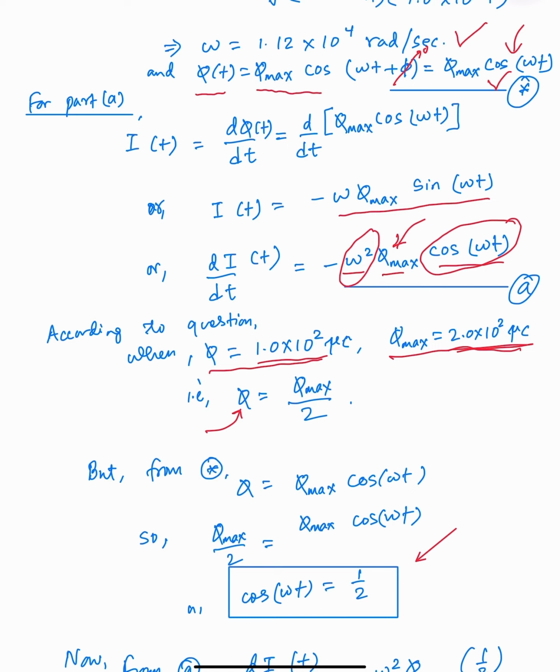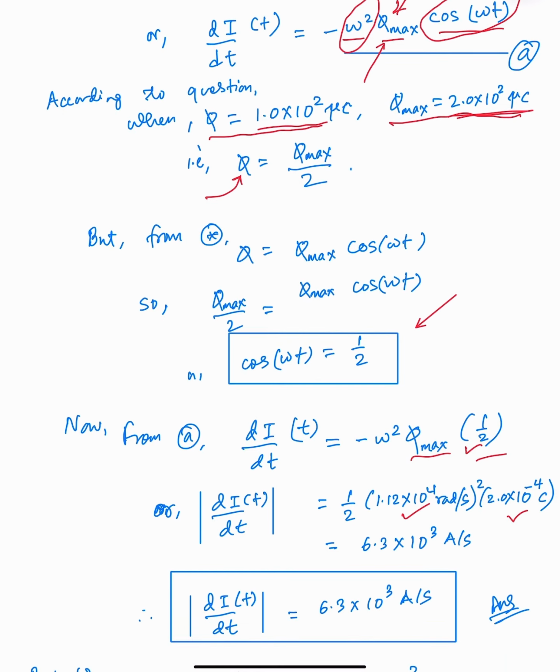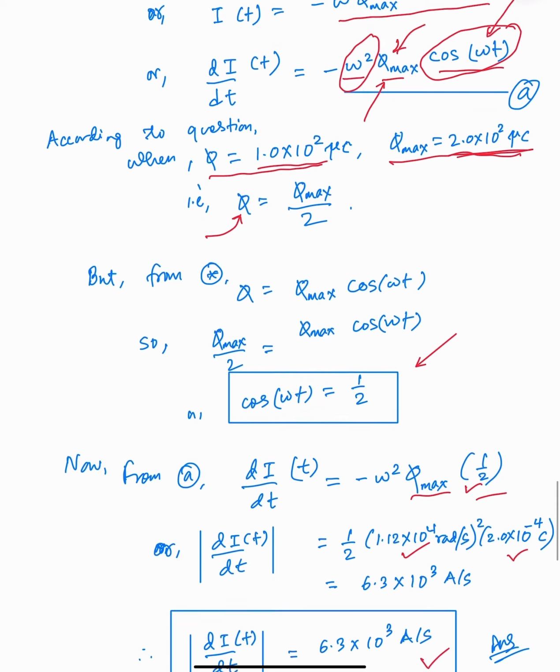So we have the value for this, we have kind of value for this, and we already estimated omega, so it's kind of easy. So q max is this, half, and this is omega, which we already calculated. So di over dt is this. This completes part A.